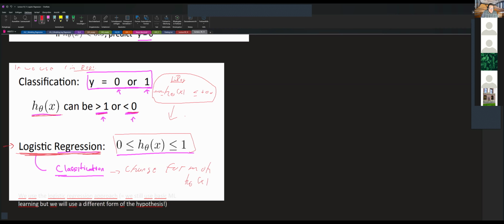So we want to find a form of a hypothesis that squeezes the value domain, the domain of values that our hypothesis can take on, between 0 and 1. This is what we want. So we are looking for a function, right?